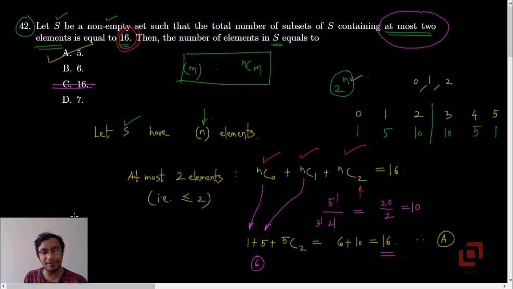So if you have that idea, then you can guess that 2 raised to 5 is 32 and at most 2 means 2 or less than 2. So that must be half of 32, so 16. But that requires you to have good understanding of the set theory and the binomial coefficients. But nonetheless, even if you solve the problem by this method, it is not going to take too much time. So that is question 42.